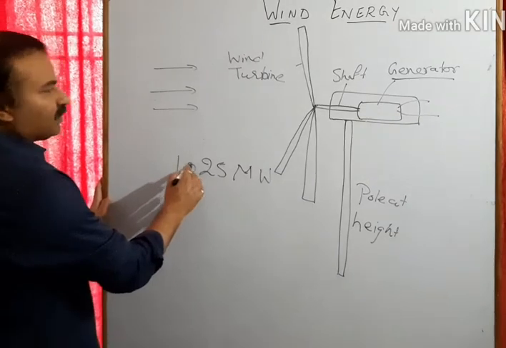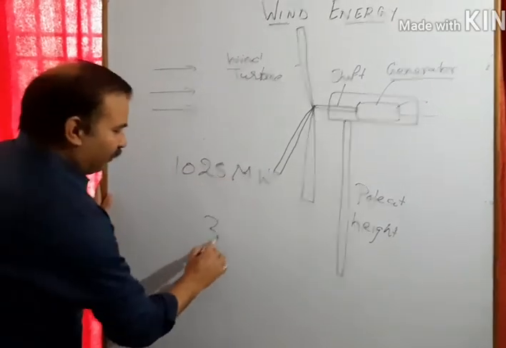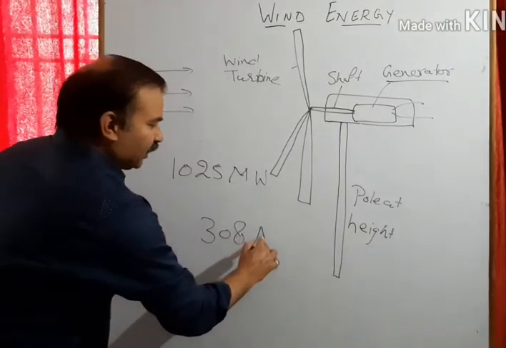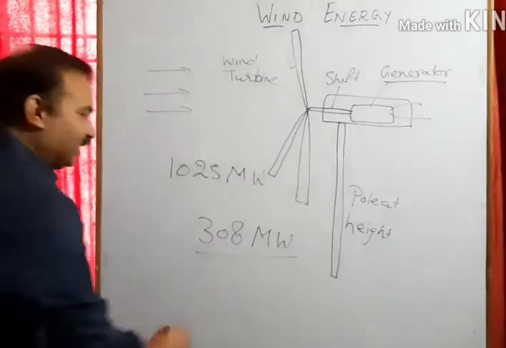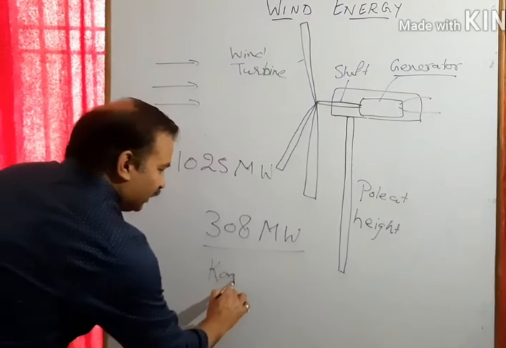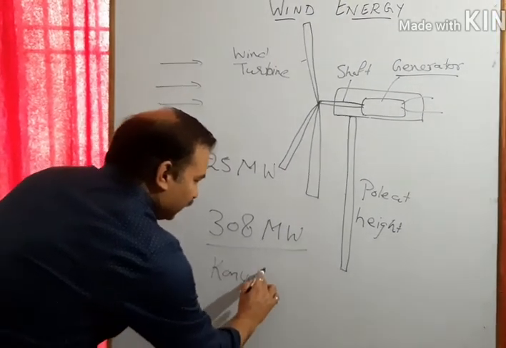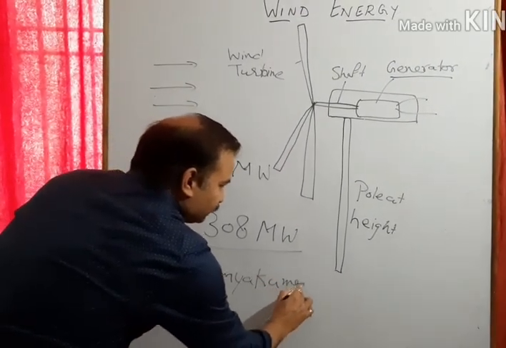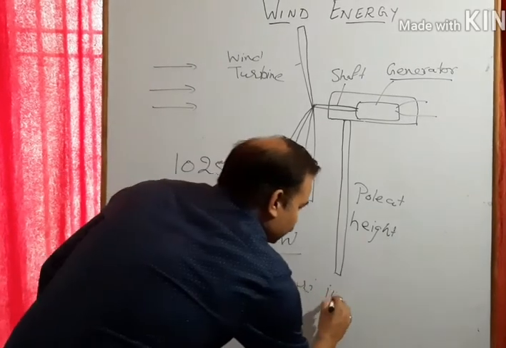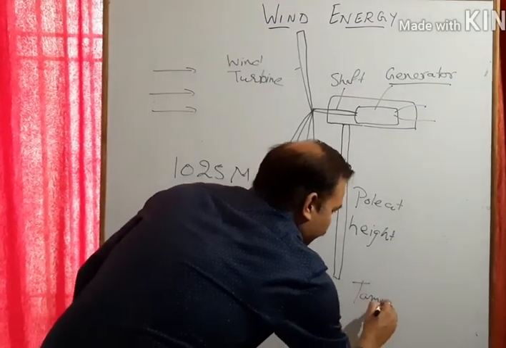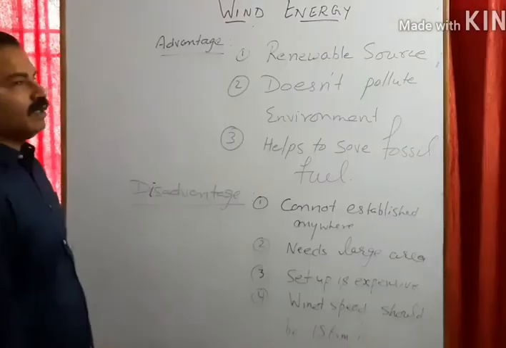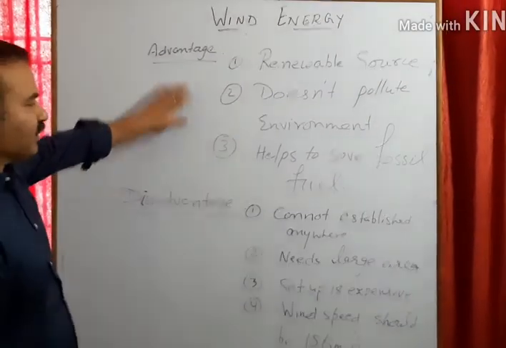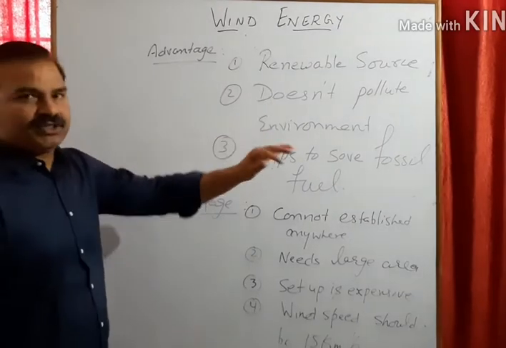The maximum plant, which is producing about 308 megawatt of electricity, is in Kanyakumari in Tamil Nadu. Now I will tell you about the advantages and the disadvantages of the wind energy mill.